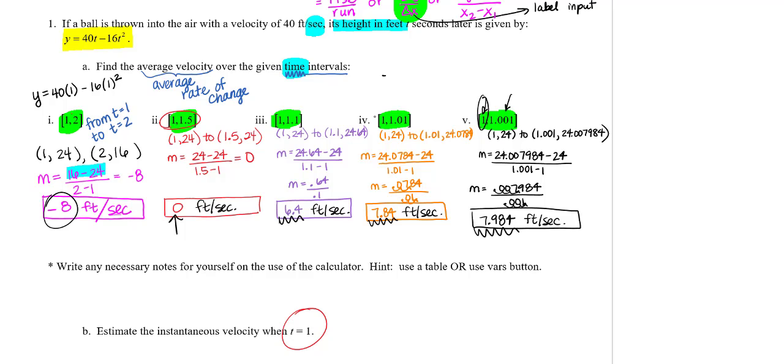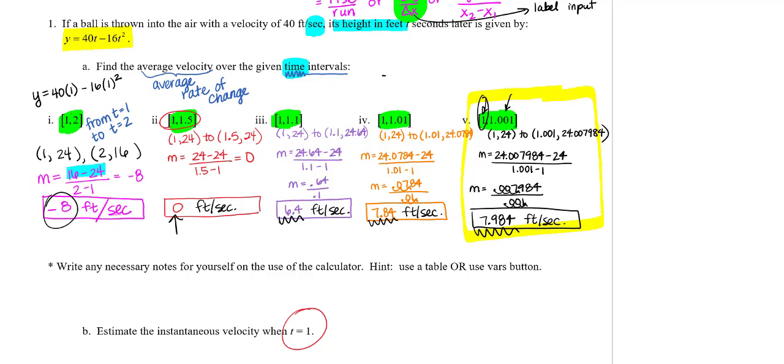So if I look through my 5 options here, I have from 1 to 2, 1 to 1.5, 1 to 1.1, etc. My closest 2 points are these last two right here, from t equals 1 to t equals 1.001. Those are the two closest t values surrounding t equals 1.